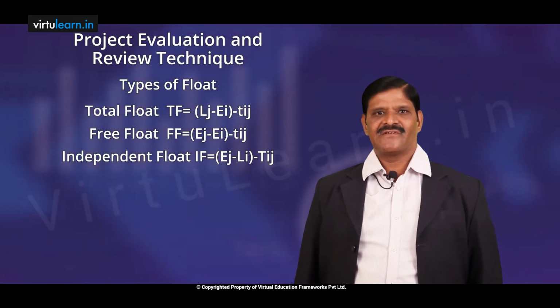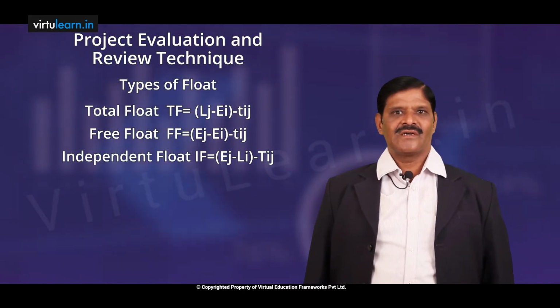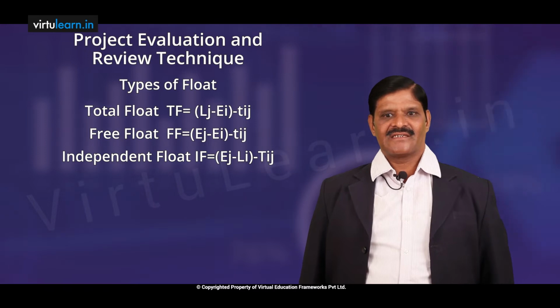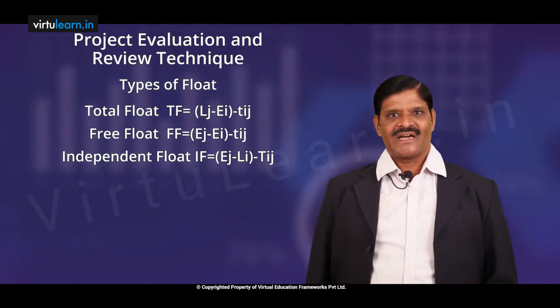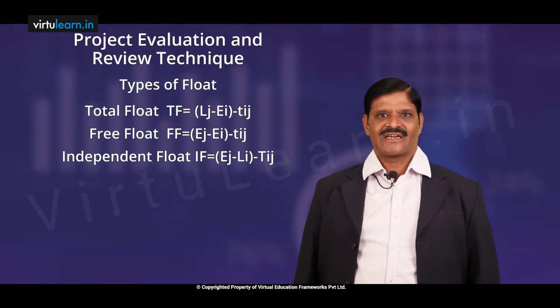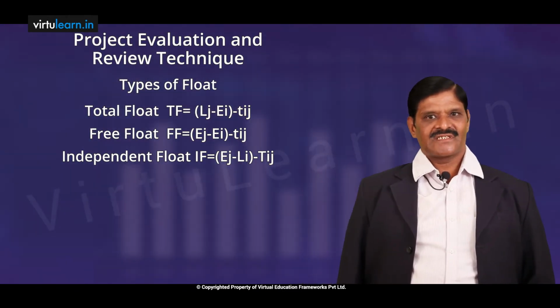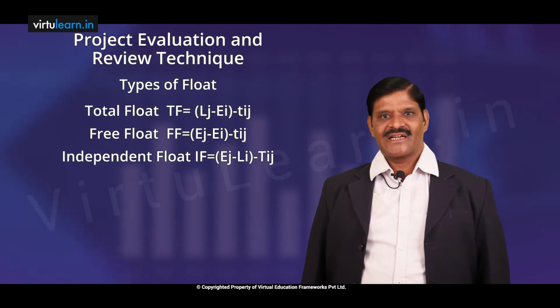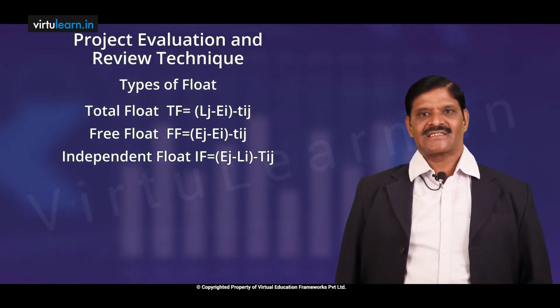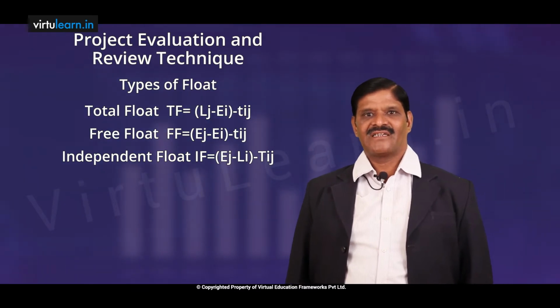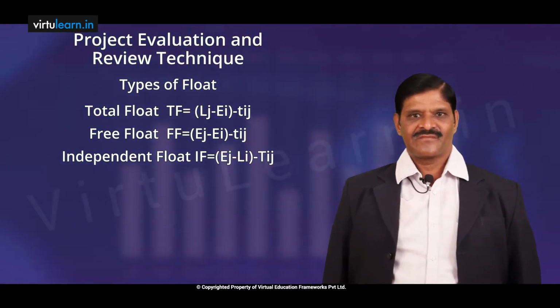For any activity, when we are trying to calculate total float, we have to use this kind of equation. That means latest start time minus earliest start time of that activity, or which can also be expressed as latest finish time of that activity minus earliest start of that activity minus duration of that activity.